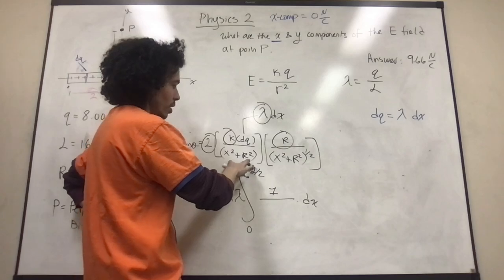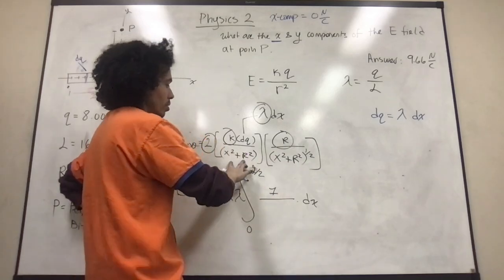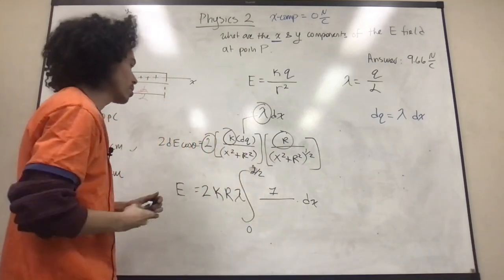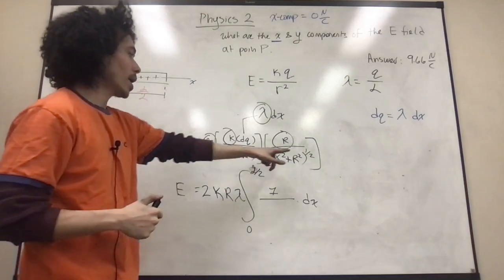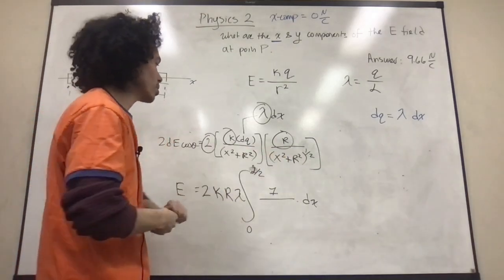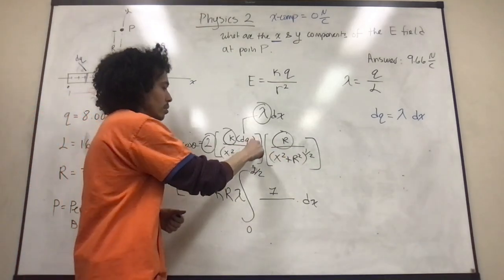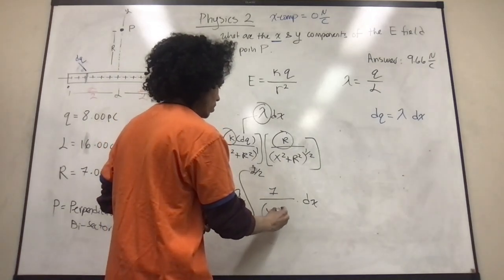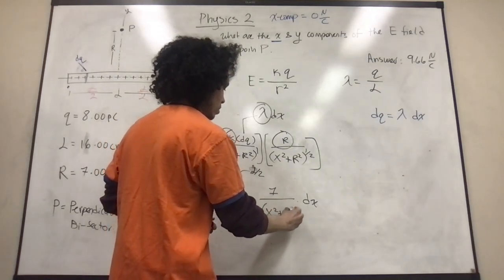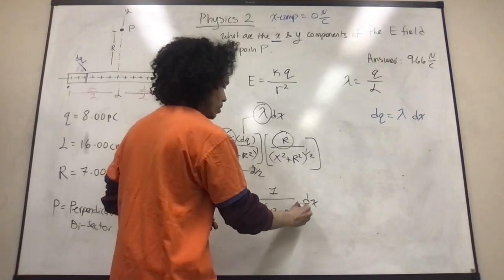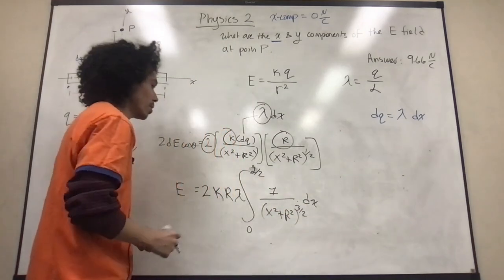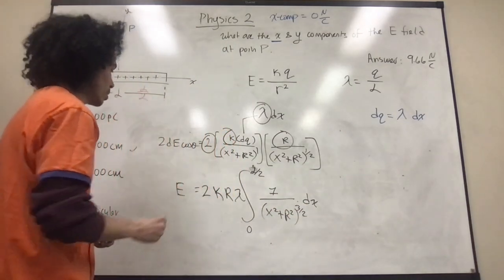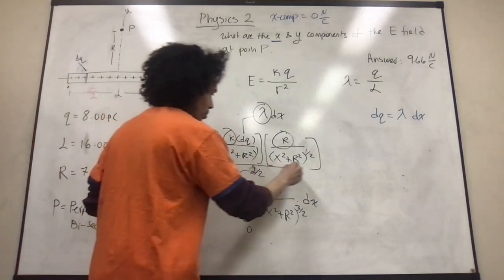And then we have these two parentheses that are inside. They're saying the same thing, therefore you can just add up the exponents here. So 1 plus 1/2 is equal to 3 over 2. And yeah, this is it right here.